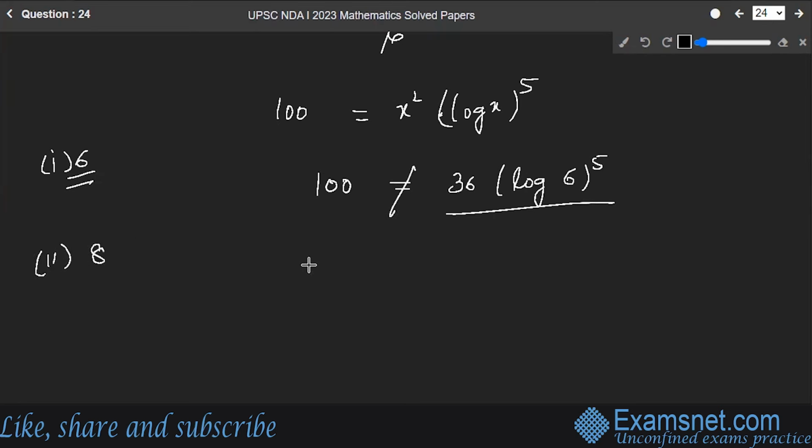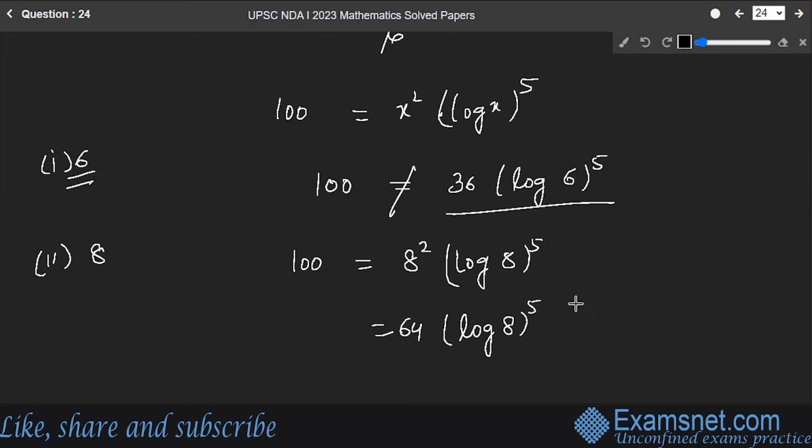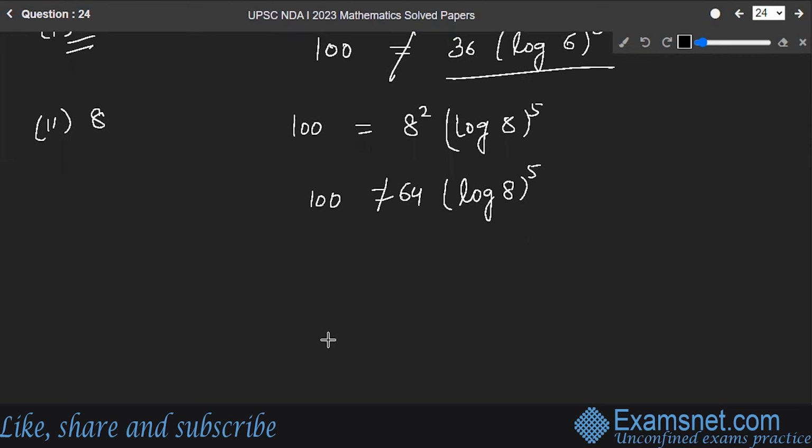Second one, 8, which makes 100 should be equal to 8 square log of 8 raised to power 5. 8 square is 64 log of 8 raised to power 5. And see, log 10 is equal to 1 and a number less than that is definitely less than 1. So this is not equal to 100 either.